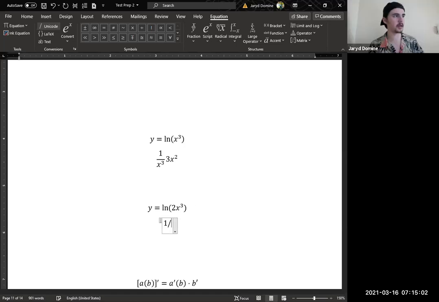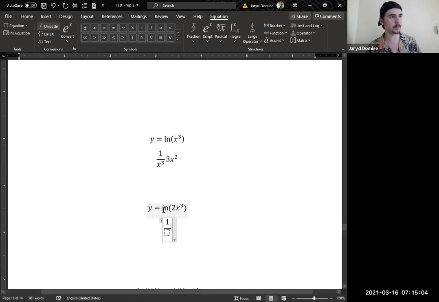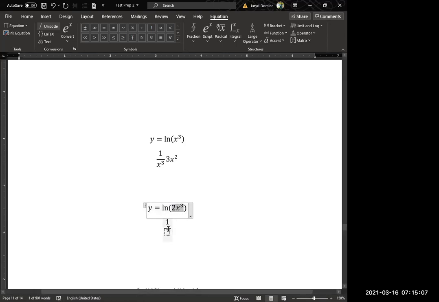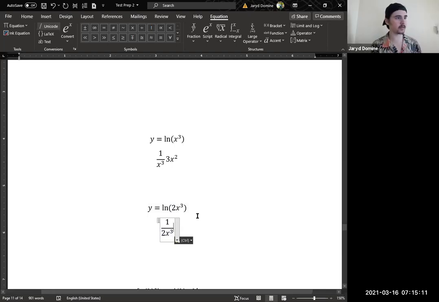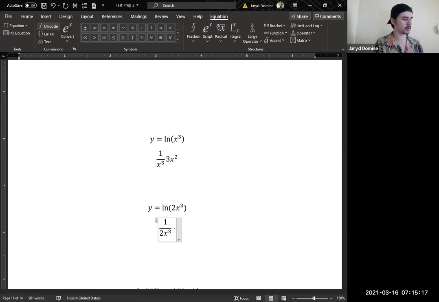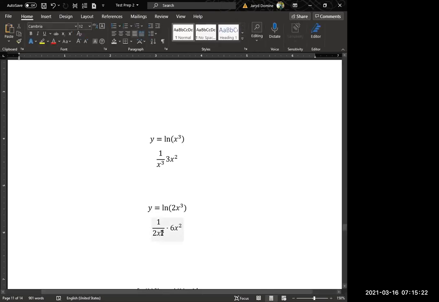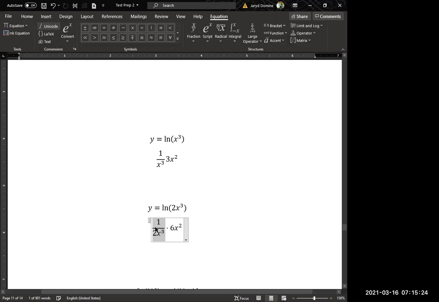Let's see. So for log, right, we get 1 over the stuff. So it's 1 over 2x cubed. And then times the derivative of the inside, which is just 6x squared. Oh, okay. Yeah, I was trying to take the derivative of 2x cubed.